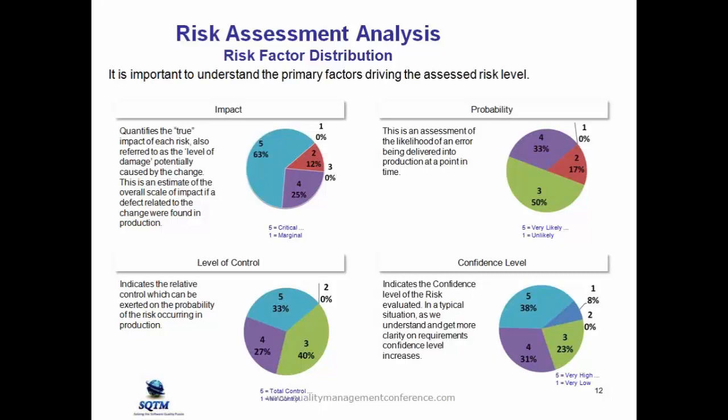So you would take, I don't want to say the average, but it might be the average of these 4 factors, and this is going to give you a risk factor. And you're going to do this at the requirement level as well as at the overall project level.